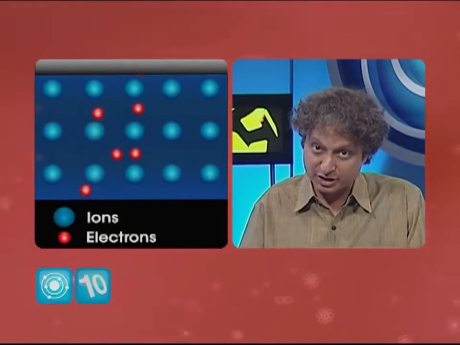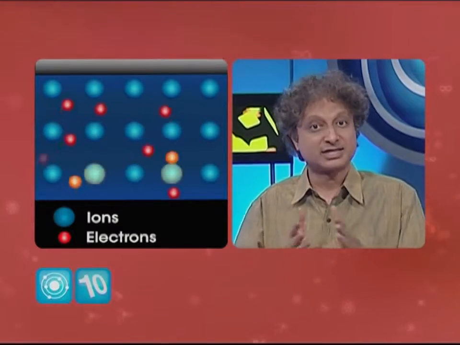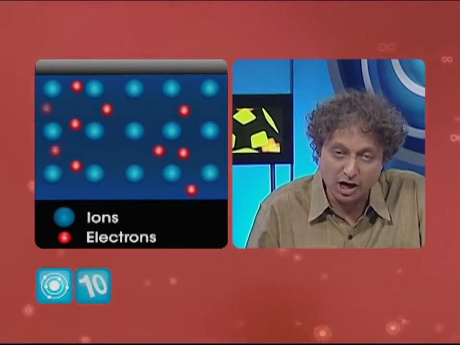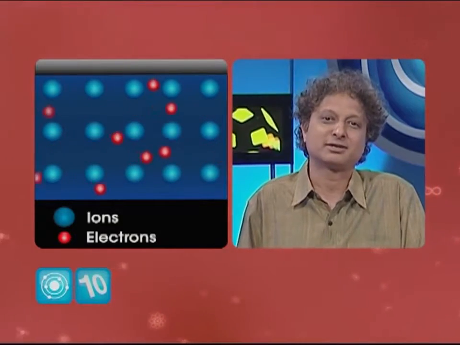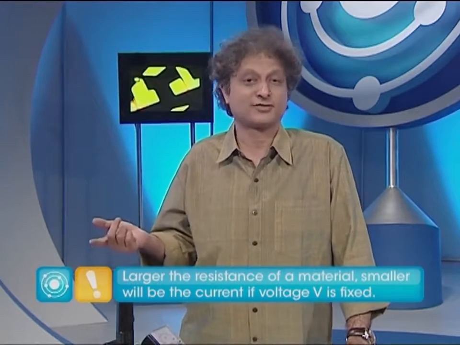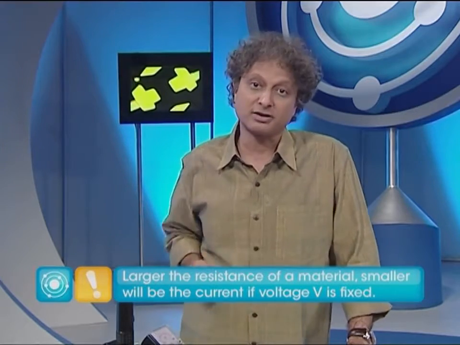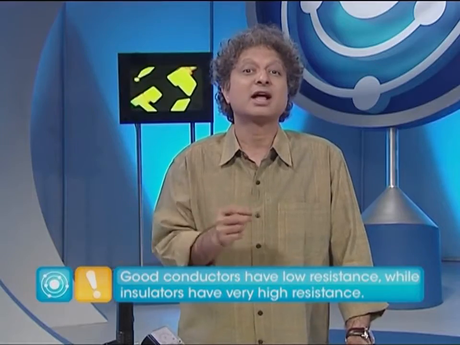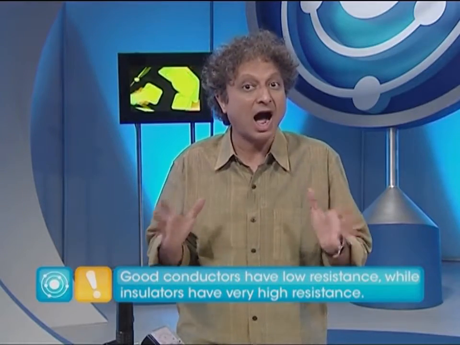The extent of opposition that is offered decides the resistance, which in turn decides the rate of flow of charge or current through the conductor. Also, we should note that if we keep the voltage V fixed, larger the resistance of the material, smaller is the current. A good conductor has low resistance, whereas an insulator has a high resistance.